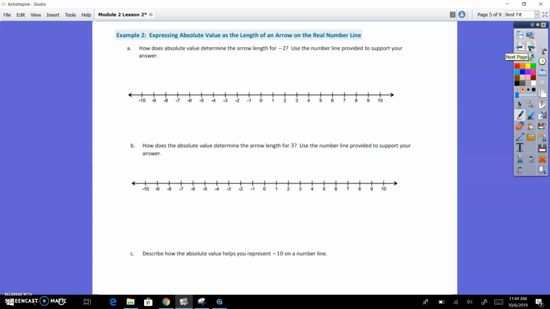Example 2, how does the absolute value determine the arrow length for -2? Use the number line to support your answer. Okay, so the arrow length for -2 is going to be 2 units to the left. How does absolute value determine the arrow length?